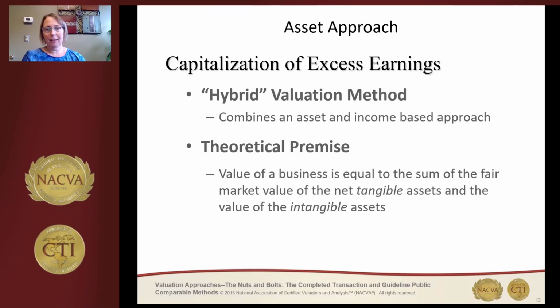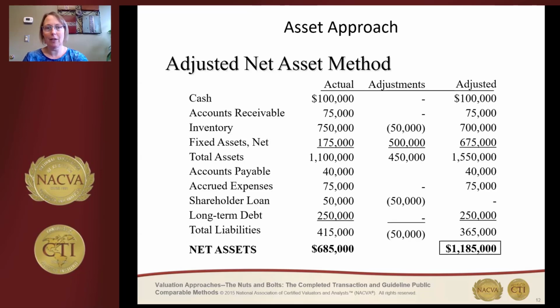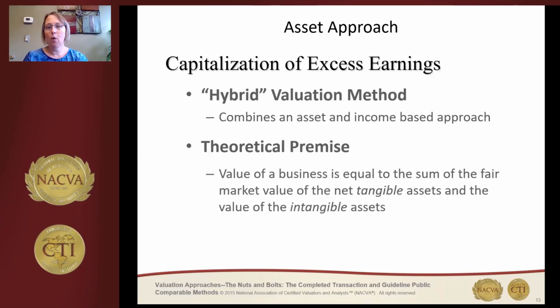So our theory, again, is tangible assets plus the intangible assets. This method is saying, okay, we got our tangible assets right back here in our adjusted net asset method. Now what's the value of our intangible assets? That's looking at excess earnings.